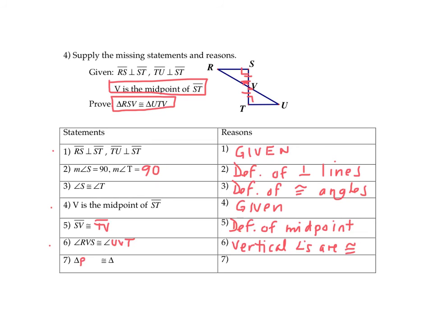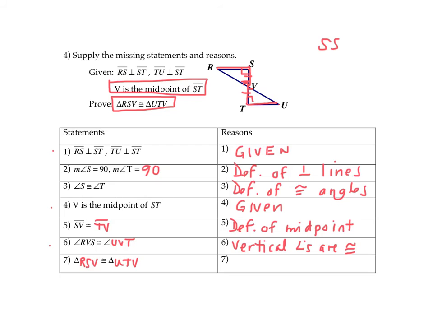So triangle RSV. So it starts at R, goes to S, and then into V. So in the second triangle, we would have to start at U, go to T, up to V. So the triangles are named so that corresponding parts are congruent. Then we just have to give a reason as to why those triangles are congruent.